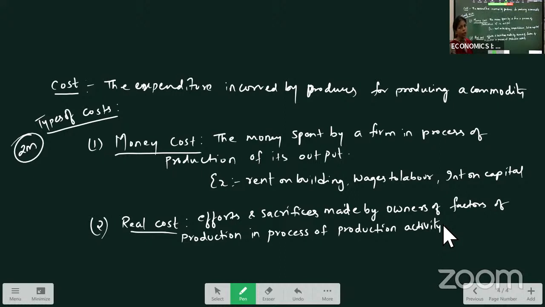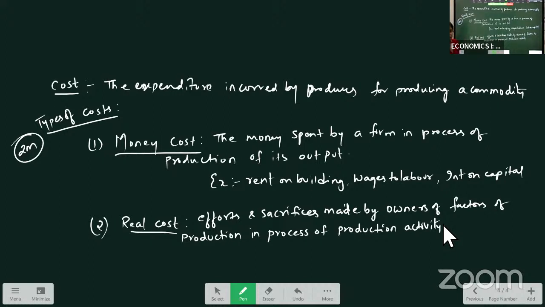See, for land, there will be an owner. That owner is sacrificing the land for making production. If the land is not given by the owner, then obviously we cannot make any production on that land. So he's sacrificing. And labor also, what will they do?